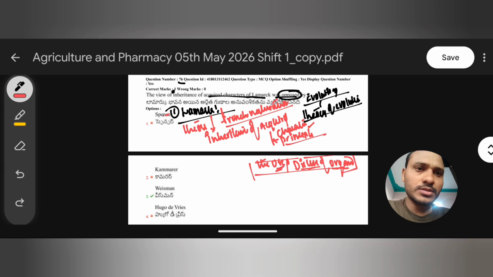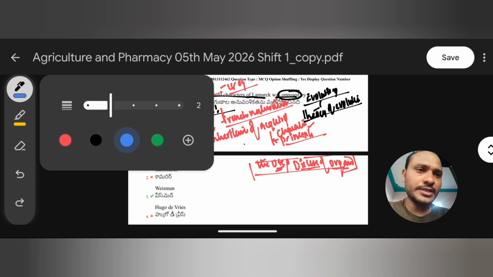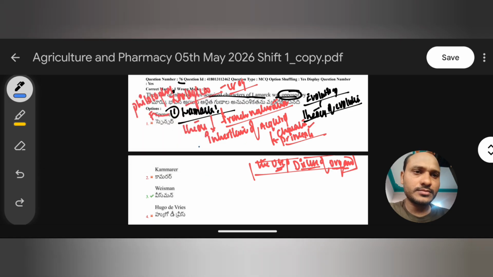And do you know, Lamarck wrote one important book, Philosophie Zoologique. In 1809 he wrote this book. And what does this theory, inheritance of acquired characters, explain? Here I am writing.